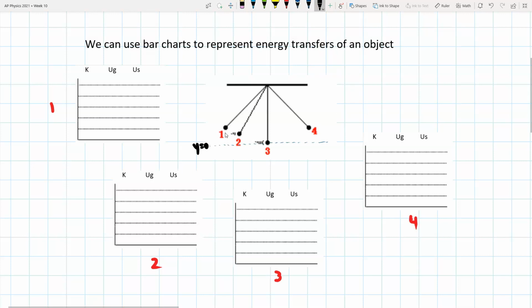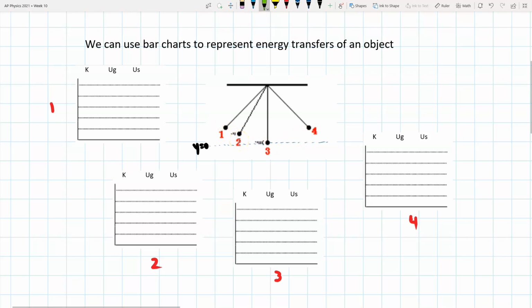When dealing with gravitational potential energy, we want to know where the lowest zero point is. Now we have this reference point, and I can start looking at what type of energy is involved at each of these points.